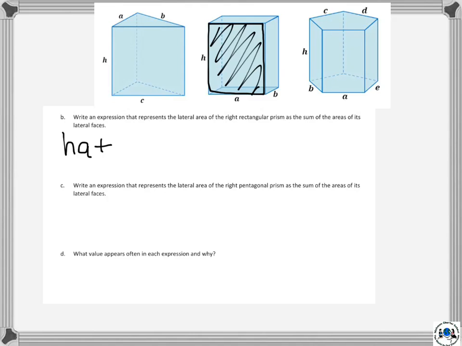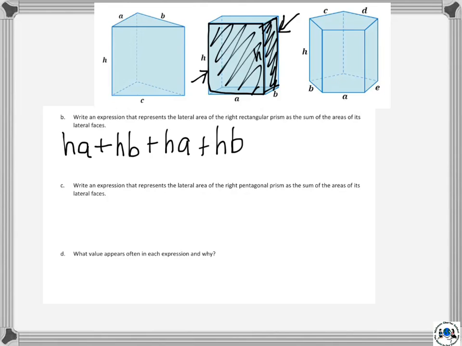And then HB, which is right here, because this is H over here, and that's the surface area of that part, plus another HA, which happens to be that back lateral face, and then another HB, which is going to be that lateral face over here. You can actually see right through there. That'd be that one.